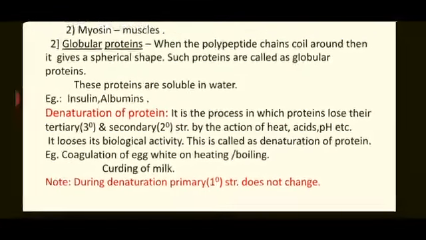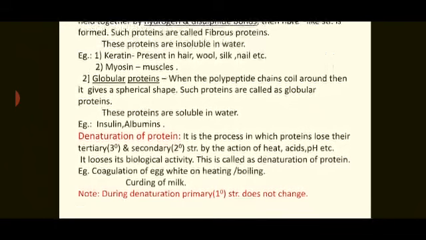Now what happens when these proteins are subject to change by heating, by adding acids or by changing the pH? Then the native form gets changed. That is, the secondary and tertiary structure, maybe the alpha helix structure or the fibrous structure, gets changed, and this process is called denaturation of protein.